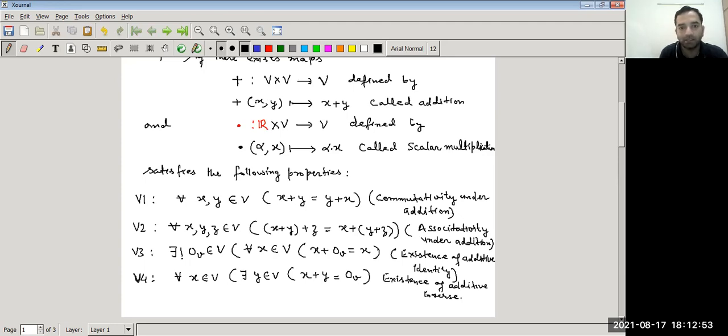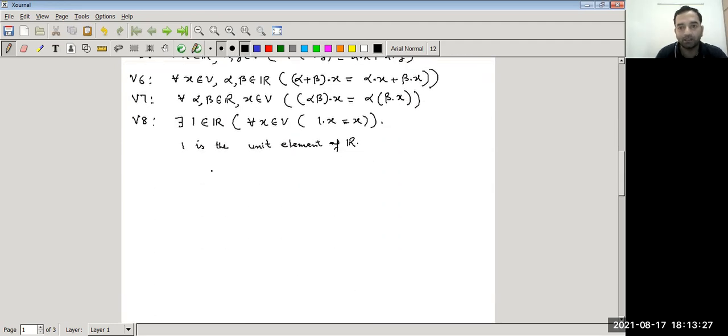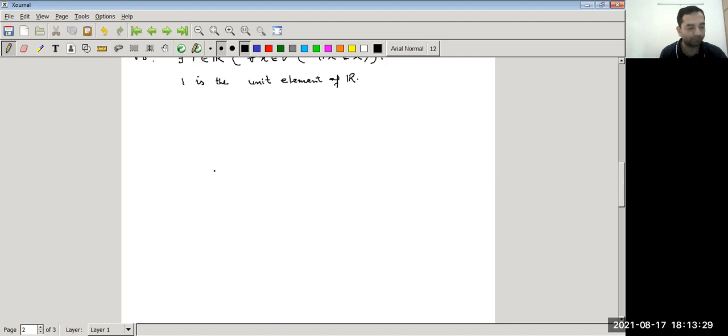The answer is, if we define the addition and define the scalar multiplication, then there is no need to write the closure property under addition as well as under multiplication. If the operation is not defined, then you have to first define how to define addition and scalar multiplication. So that's why we are not considering closure property under addition and multiplication.